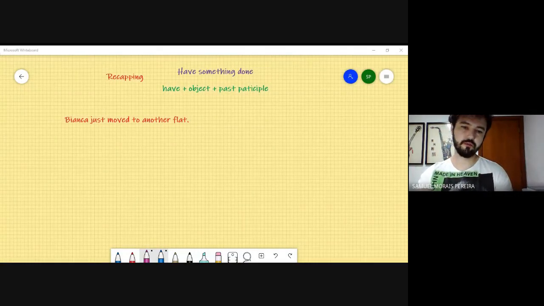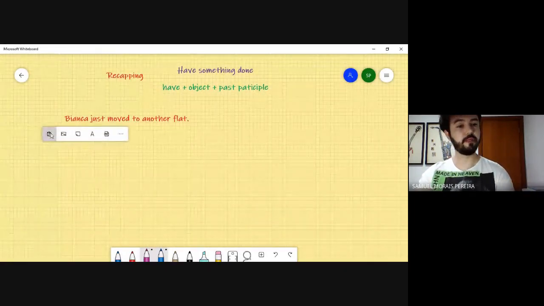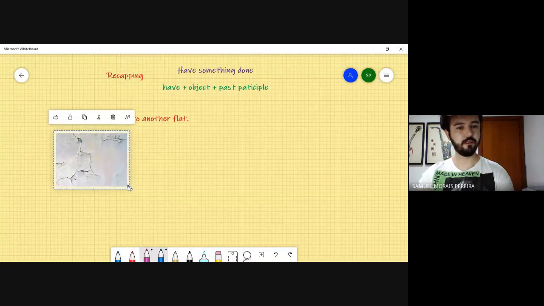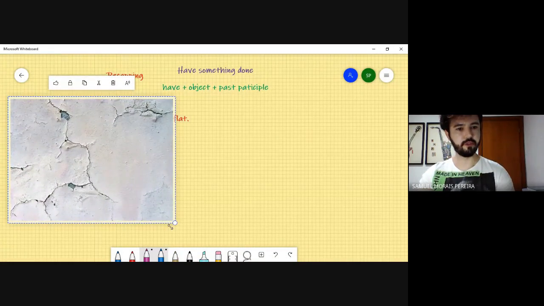I'm gonna show you in a few seconds, okay? This is the picture of one of the walls in this new flat Bianca is living in, okay? Pay attention to this picture. Just take a look, guys. This is the picture of one of the walls.